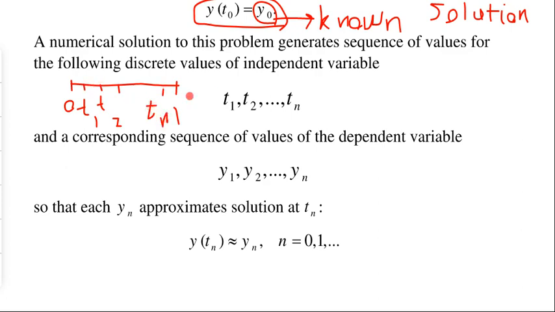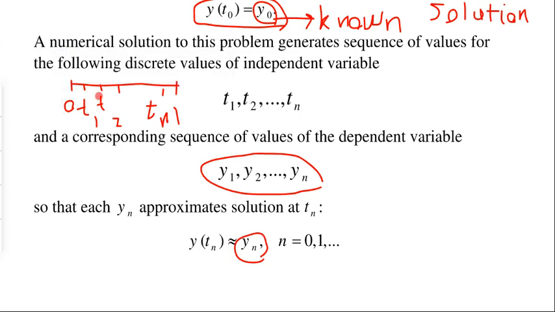So in this domain we considered some discrete points. We want to approximate our unknown solution y at these points. These approximate values will be shown with the notations y1 to yn. In each point tn, the value of our unknown solution y will be approximated with yn.